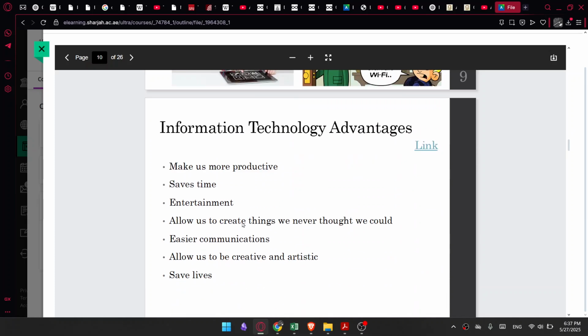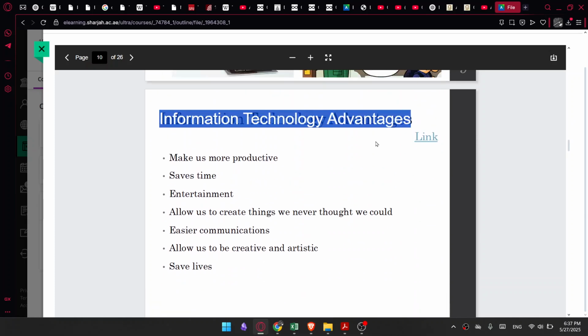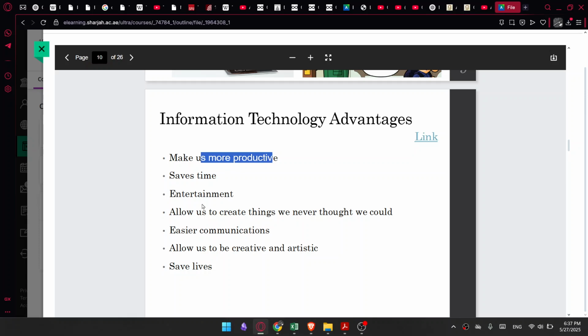So information technology advantages make us more productive, save time for entertainment, and allow us to create things we never thought we could. For example, nowadays many tasks can be done in a second, and before it took a lot of time.